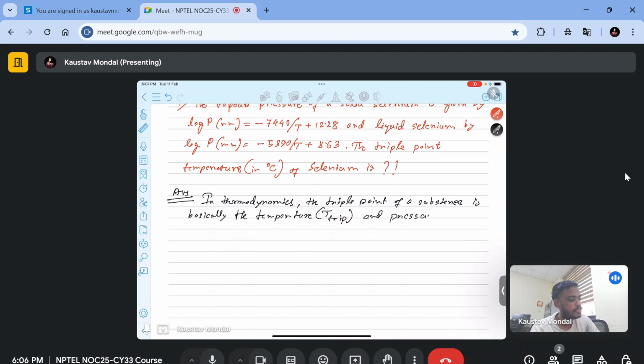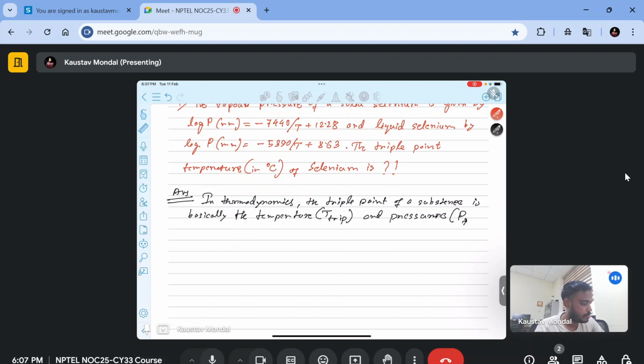Both the pressure and temperature are involved here. To attain the triple point state of any substance, you have to have a specific triple point temperature and triple point pressure.